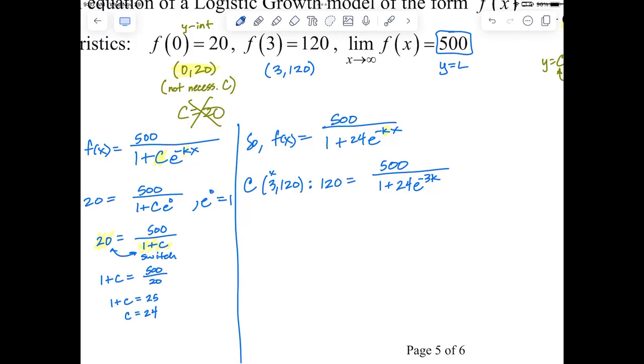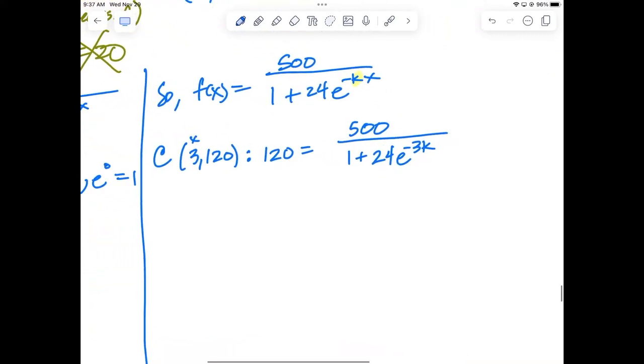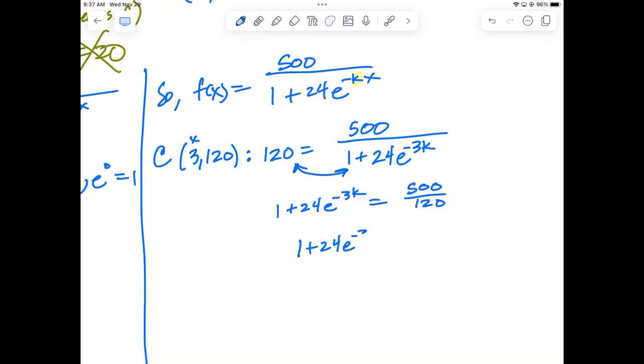Now I'm going to do the same switcheroo here. I get 1 plus 24 e to the negative 3k equals 500 over 120. So 1 plus 24 e to the negative 3k would have to equal what? What's 50 divided by 12? Does it go in evenly? Unevenly, right? 25/6.